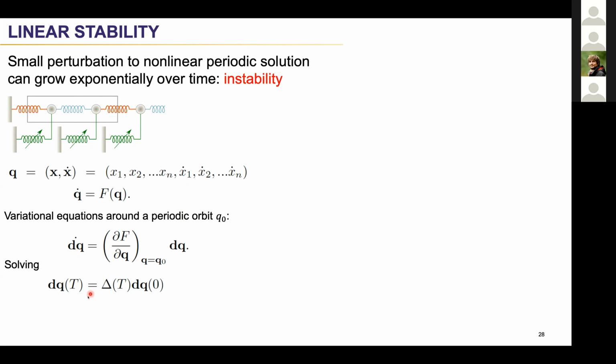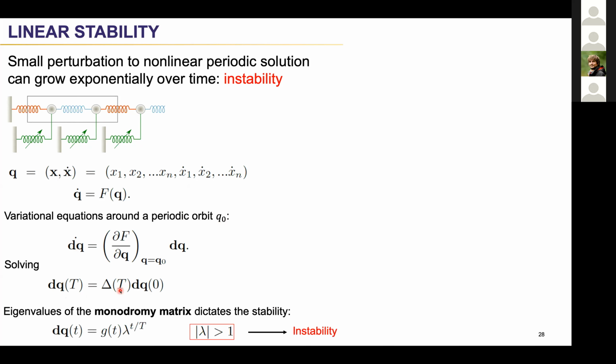Essentially, the dynamics of dq is governed by the so-called monodromy matrix, and the eigenvalues of the monodromy matrix dictate whether the solutions are stable or not. When the eigenvalue magnitude is greater than 1, we have instability in the system.